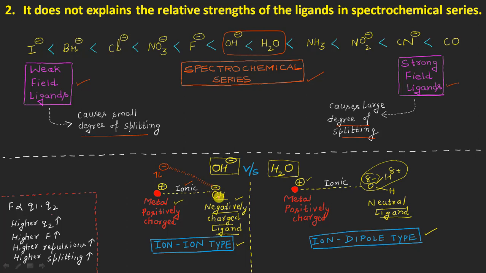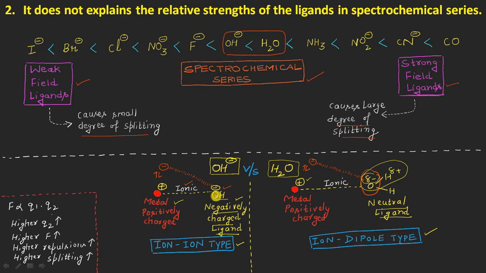And this negatively charged ligand here has a formal negative charge, which is higher in magnitude as compared to this oxygen partial negative charge, which is there in this case. And let me write here, this also contains its electrons, so a negative charge is also present here, and thus the repulsions will also be there in this case when water is present as the ligand, right?